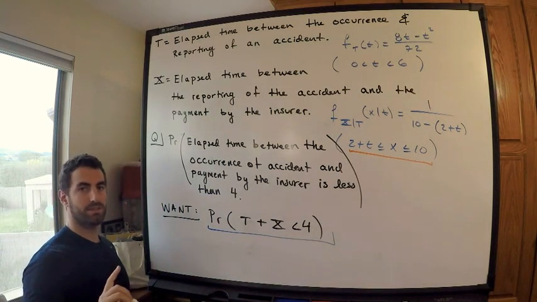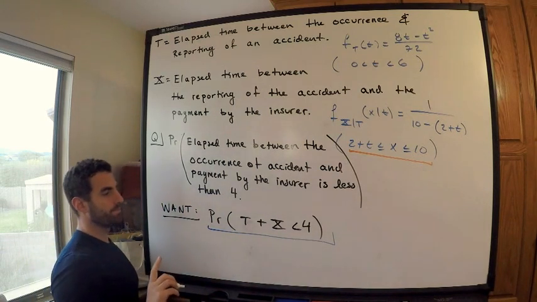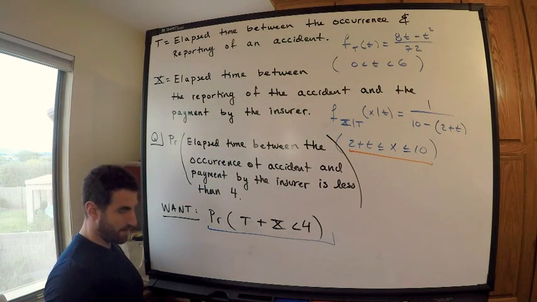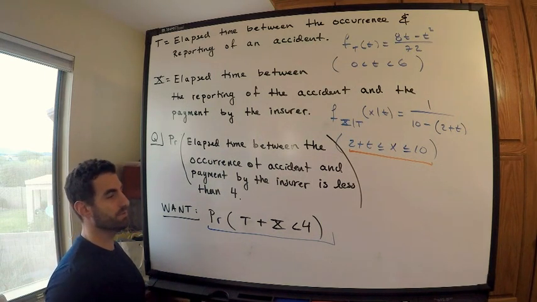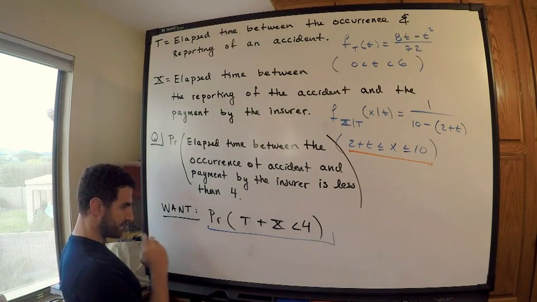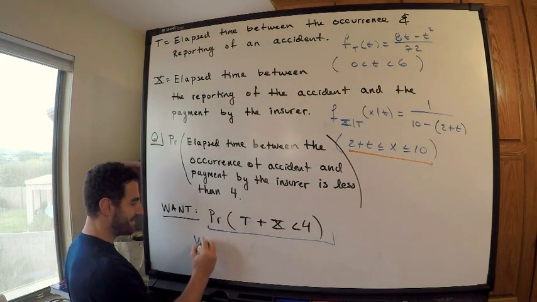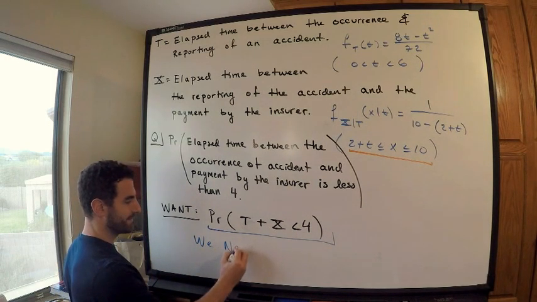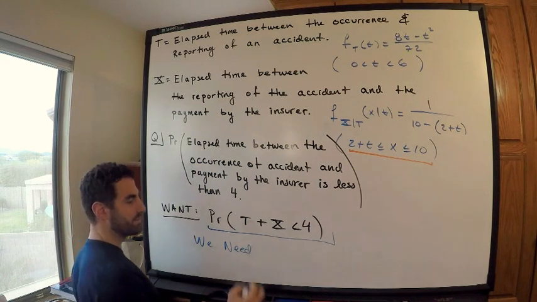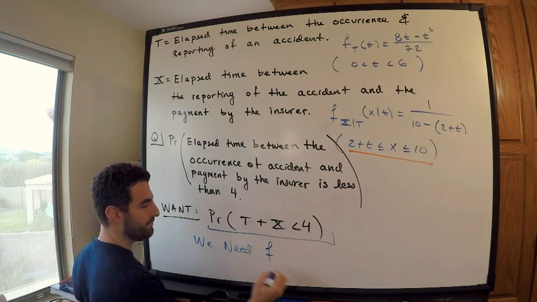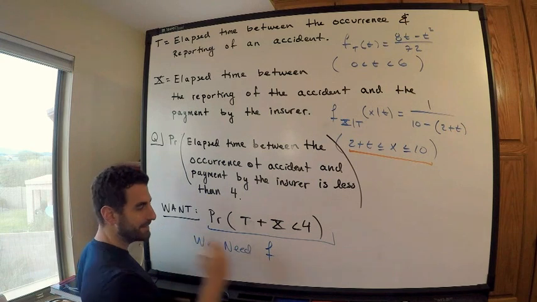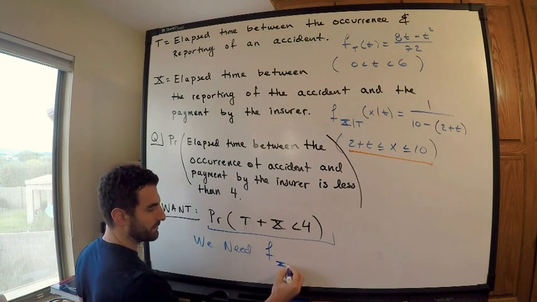A couple of things to remark upon. In order to answer this question, I'm going to have to erase everything, since I don't have any room. But in order to answer this question, we need the joint density function, which looks like f of x, t.